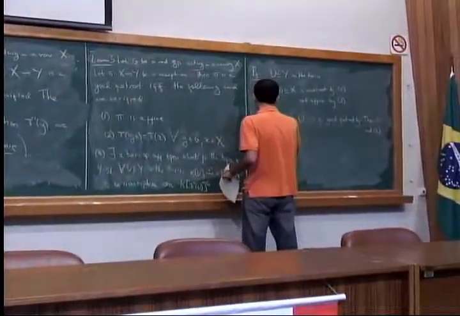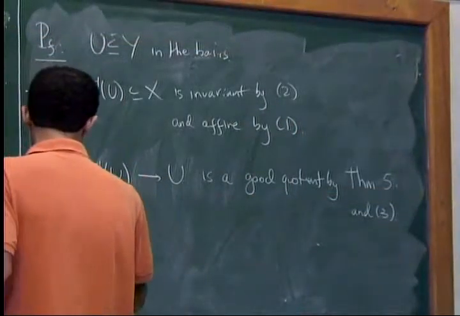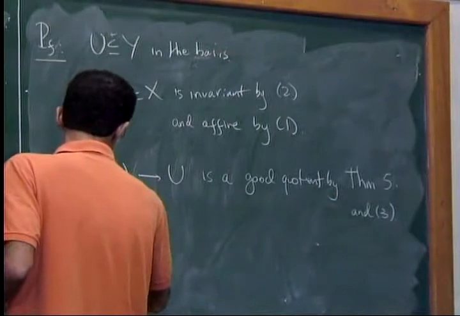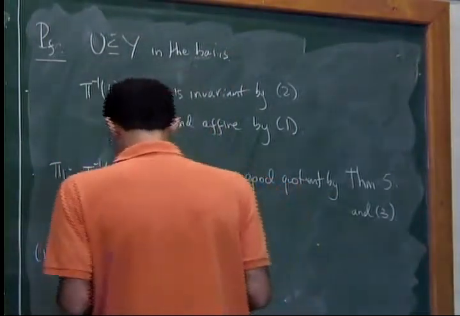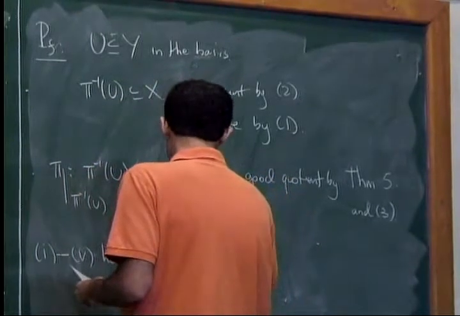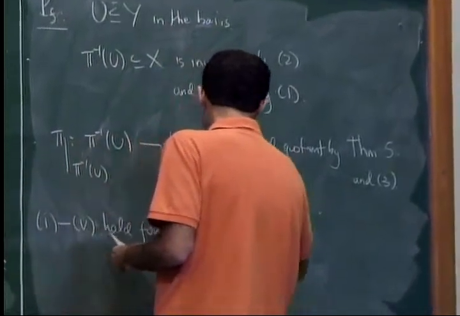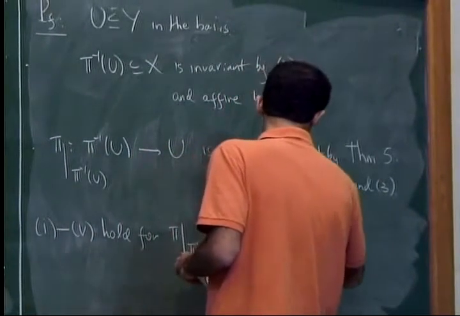So we have that 1 to 5 hold for this guy here, and then they hold for pi.